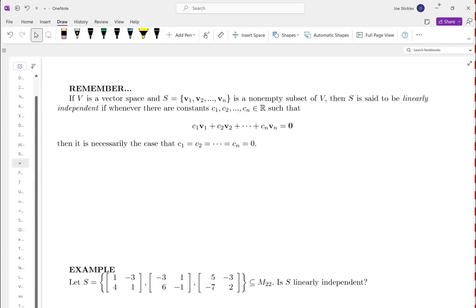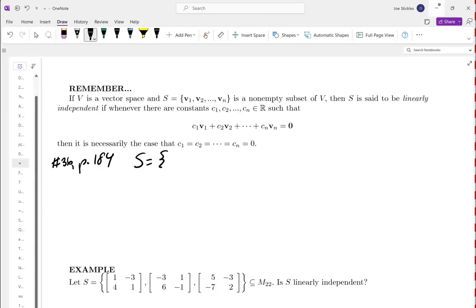So let's say we wanted to show, let's do number 36 on page 184.